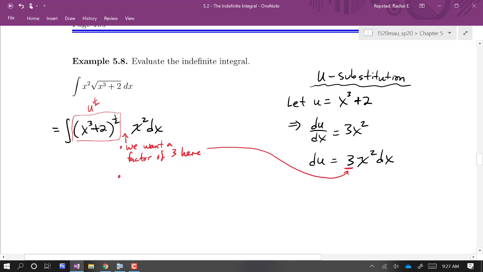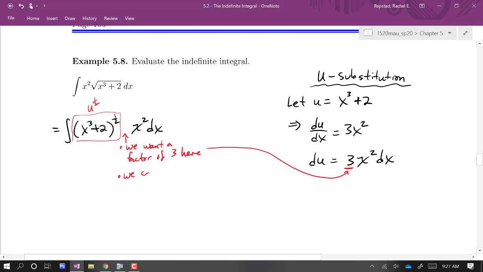At first it looks like maybe it doesn't quite work because we don't quite have our du, right? Everything, like I can't stress this enough, everything has to be a perfect match. So we don't have that perfect match yet, but the good news is that if you're only off by a constant factor, as we are here, you can add it in.